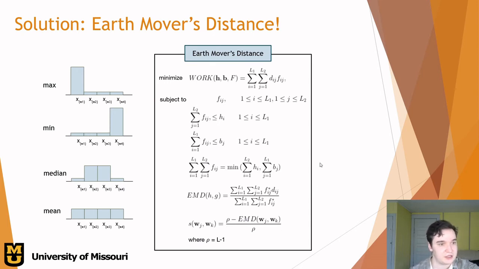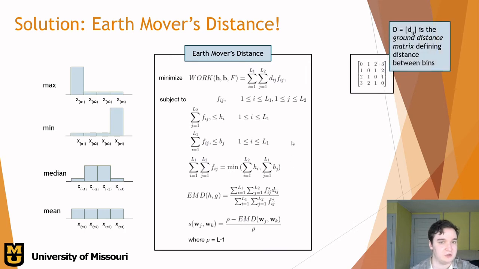The reason this works is because we were able to define this ground distance matrix D, which defines the distance between any two bins. This matrix, for example, would be for n equals 4 inputs, saying that bin 1 is on top of itself, so there's no distance there, but bin 2 is 1 unit away, bin 3 is 2 units away, and bin 4 is 3 units away, and there's no wrapping around on the edges, of course.